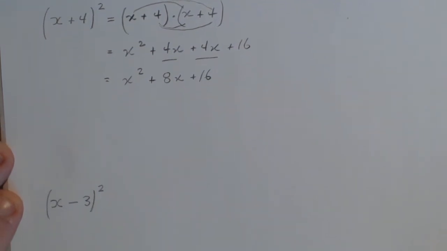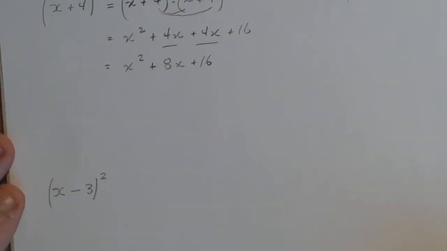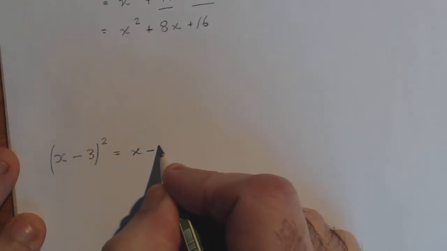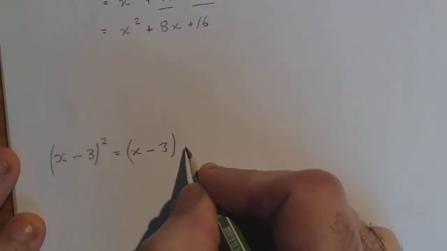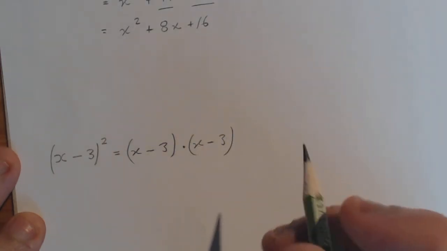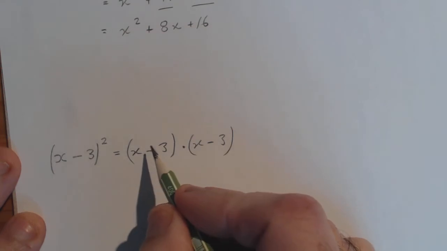Let's now do this one here, x minus 3 all squared. Now again, I can rewrite this as x minus 3 times x minus 3, and then expand them how we usually do it.